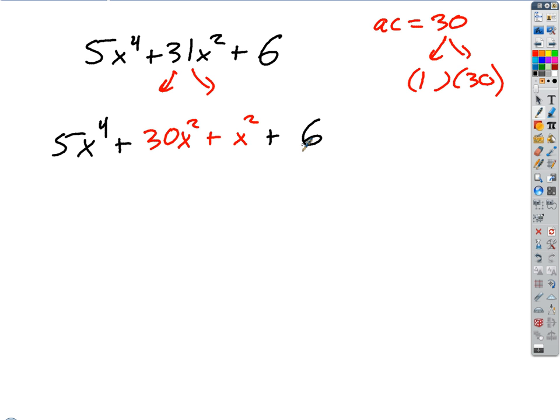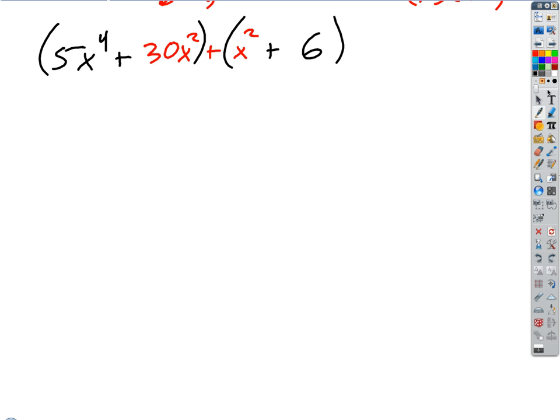Now we just group them, don't we? First group, second group. This time we know it has to work. We know factoring by grouping works this time because we had magic numbers that work for us, right? We were able to split B.